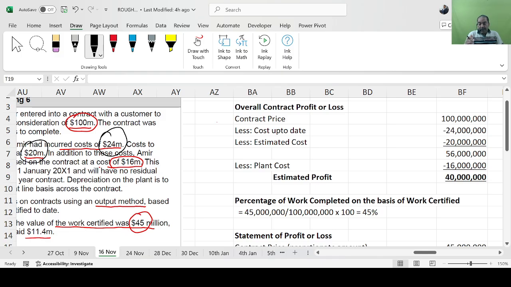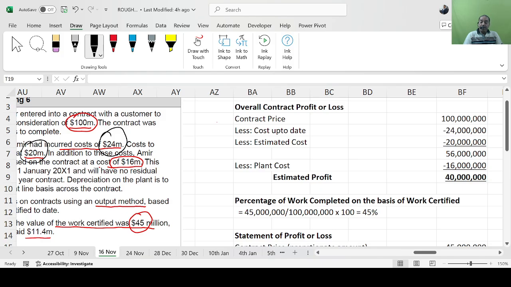So when I subtract that, I will get $56 million. From that, further a plant that was specially purchased for this contract, $16 million. So 56 minus 16, the total estimated profit is $40 million.